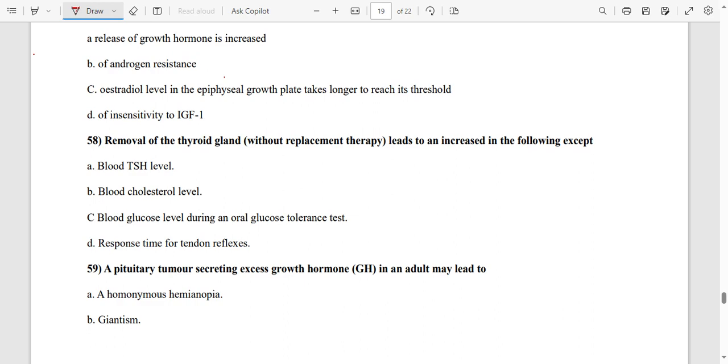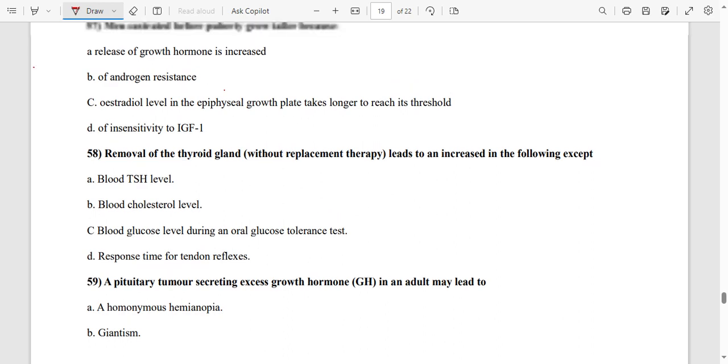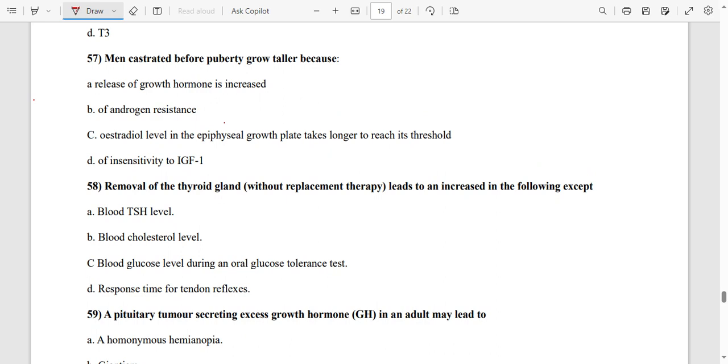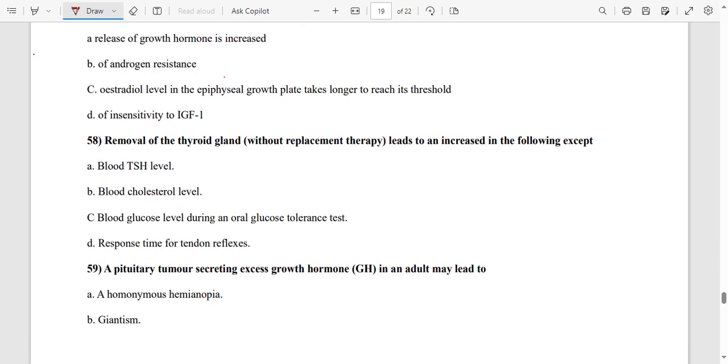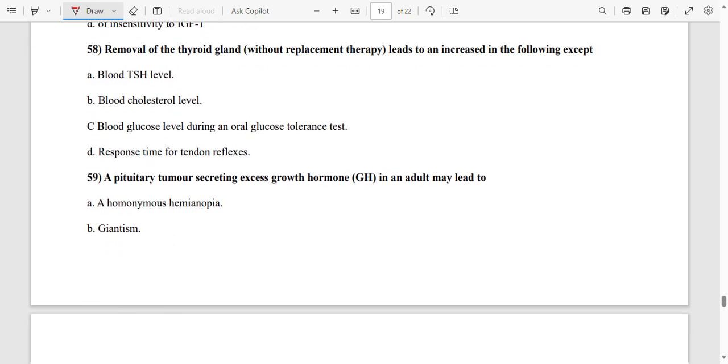Because it's not there, the epiphyseal plate will take longer to close, and so the person grows taller. So the answer is going to be C: estradiol levels in the epiphyseal plate take longer to reach the threshold which can close the epiphyseal plate.